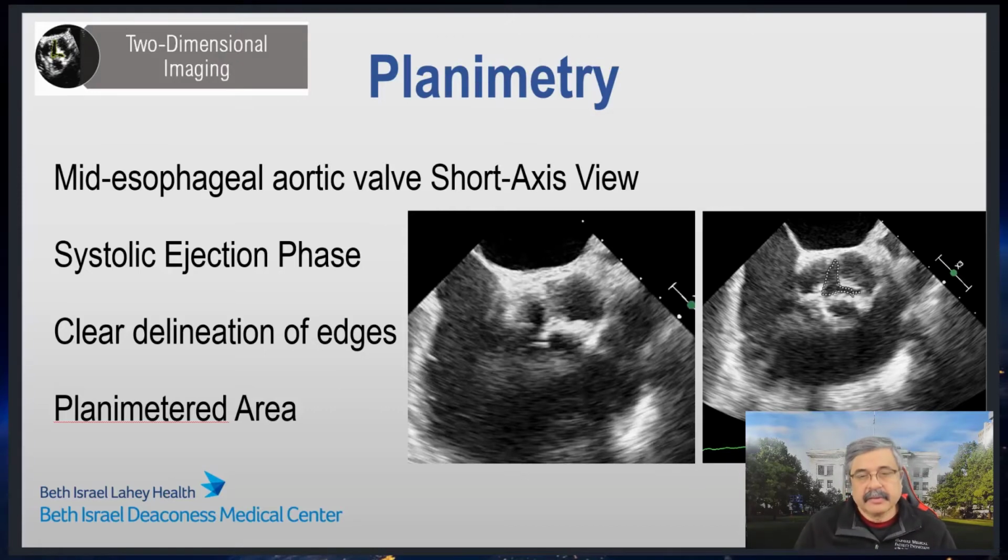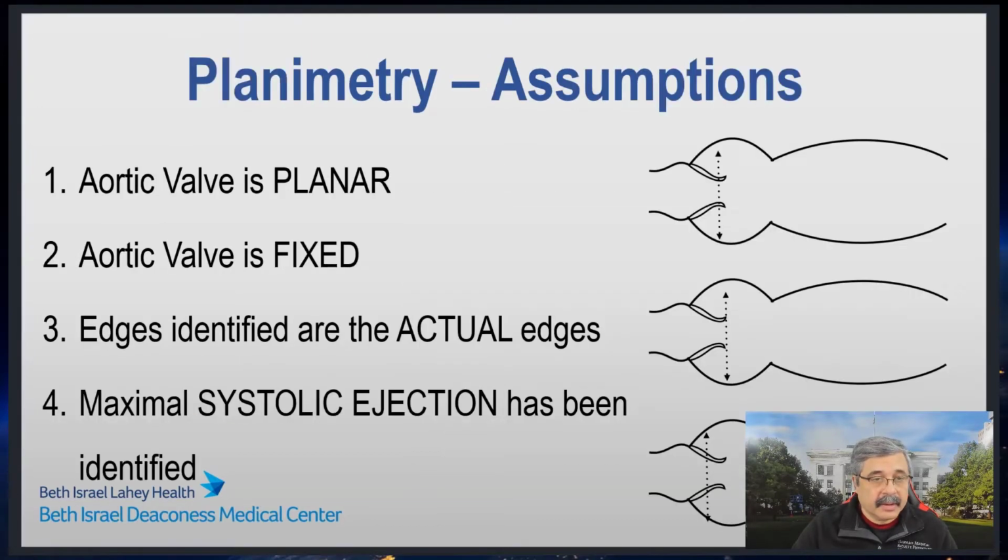That's the area identified at the tips of the aortic valve leaflets. Now, the assumptions are that you have identified accurately the systolic ejection phase, that's the maximal opening. The edges are clearly delineated, and we have accurately planimetered the edges without any parallax error.